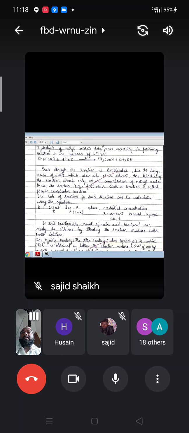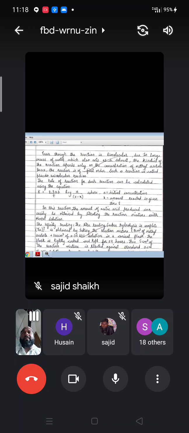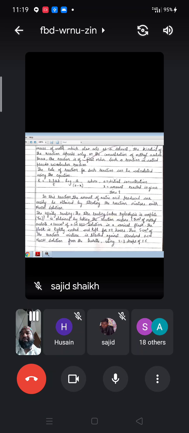The infinite reading, the titre reading when hydrolysis is complete, is obtained by taking the reaction mixture of 5 cm cube of methyl acetate plus 100 cm cube of 0.1 normal HCl solution in a conical flask. The flask is tightly corked and kept for 24 hours.